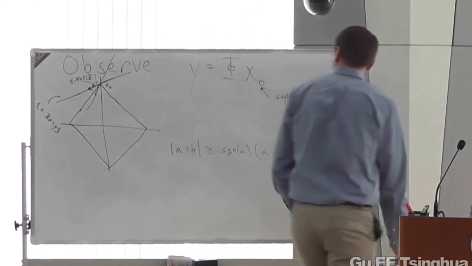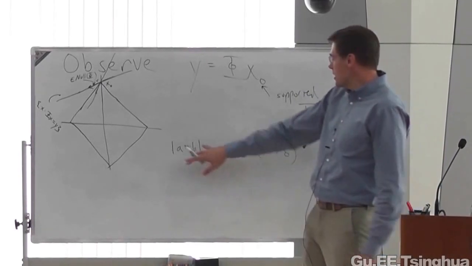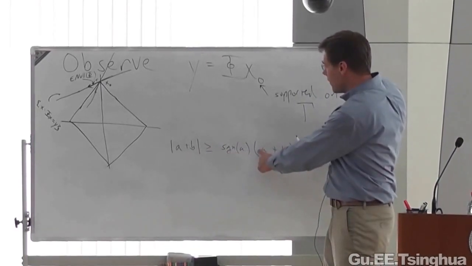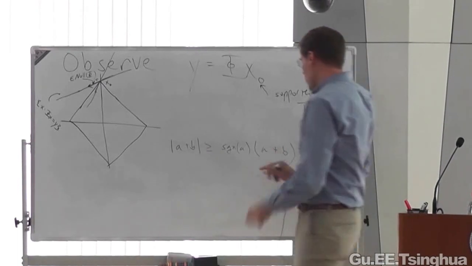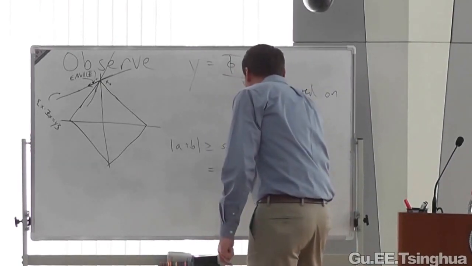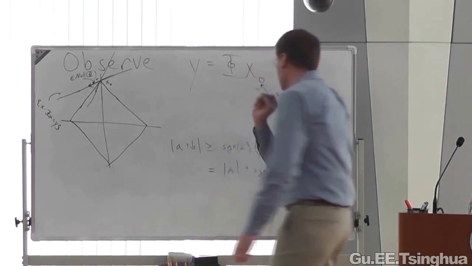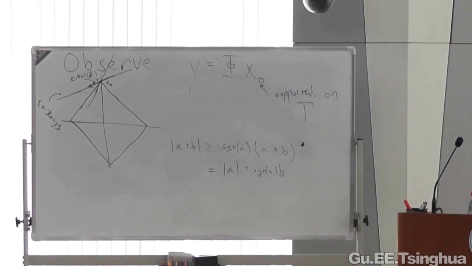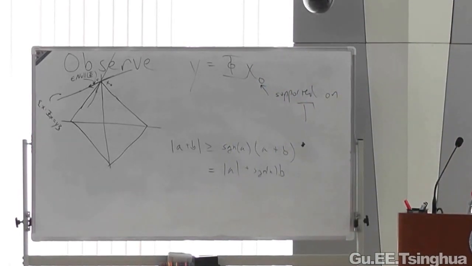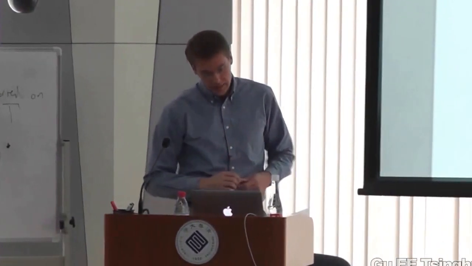That's one thing you can say for sure. This is either positive a plus b or negative a plus b, so the absolute value, of course, is greater. And the sign of a times a is just the absolute value of a, and then the sign of a times b. So it's a simple identity which allows us to collect these three different terms into just one thing.